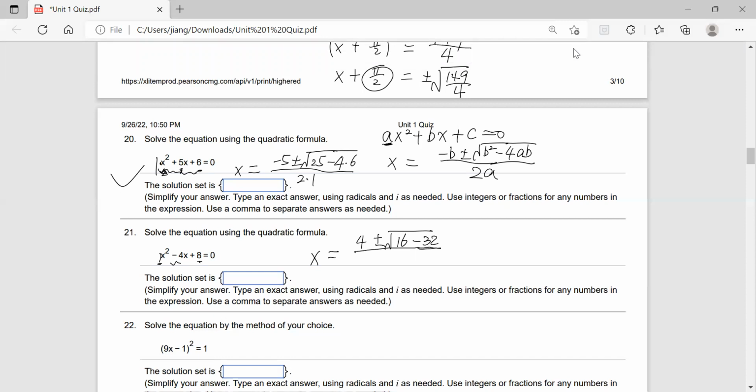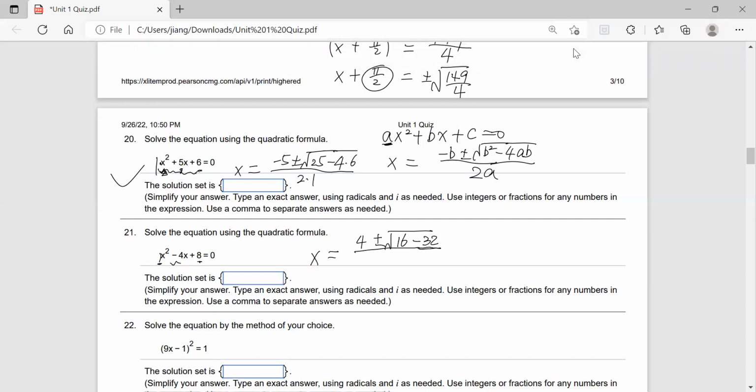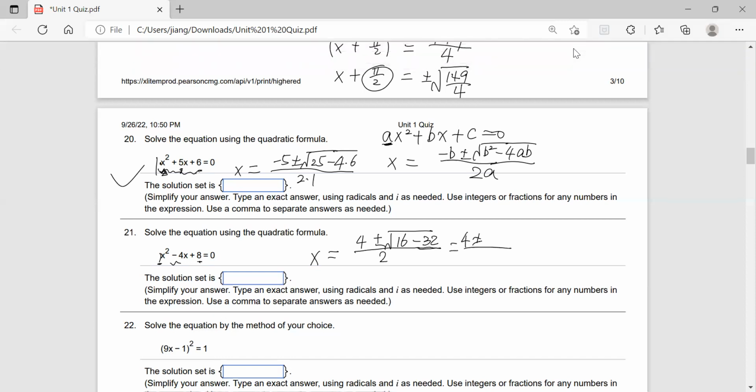Is that 32? Okay, this is an imaginary solution. Divided by 2a, 2 times 1, that's 2. And then simplify the expression 4 plus or minus the square root of negative 16.